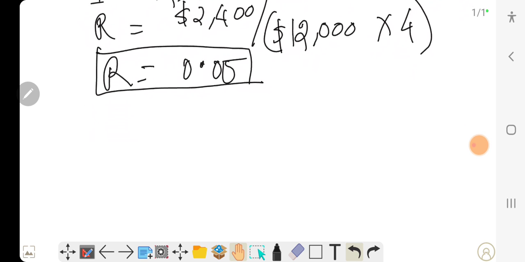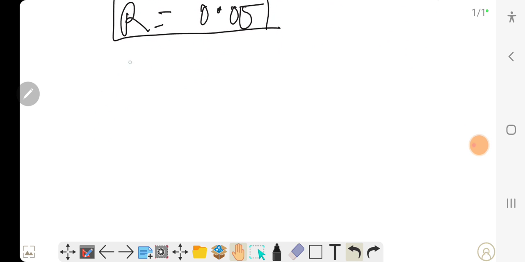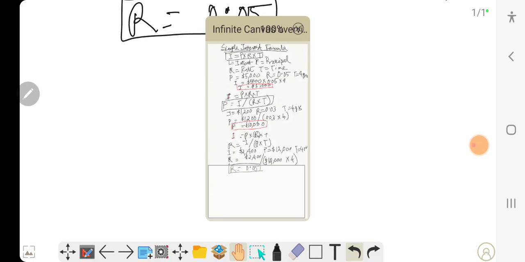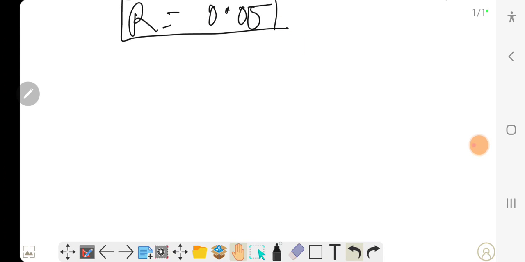Similarly, we know the formula that I equals P multiplied by R multiplied by T. The last parameter we'd like to compute is T, time.